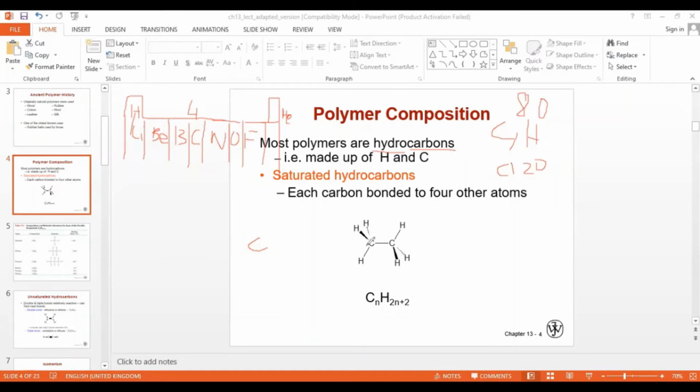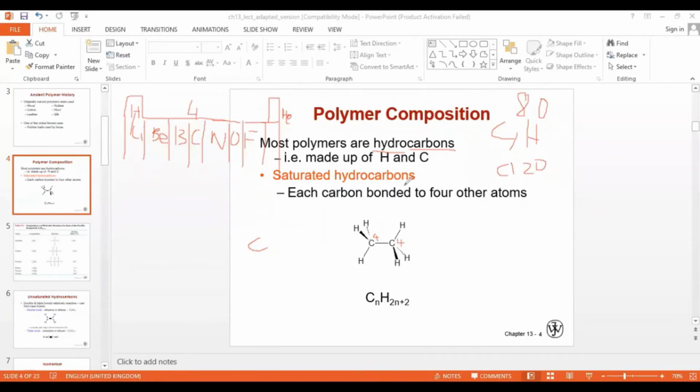This carbon has 1, 2, 3, and 4 bonds. If I take this carbon, this also has 1, 2, 3, and 4 bonds. I told you carbon can form a maximum of only 4 bonds, right?